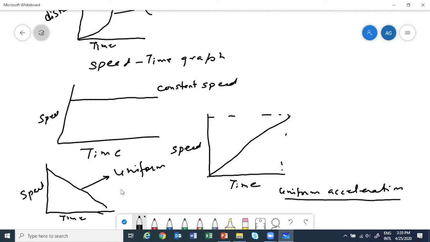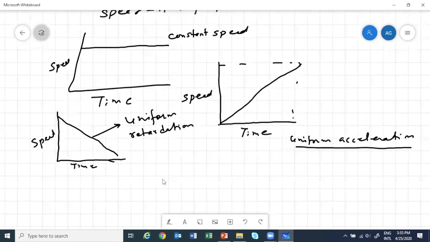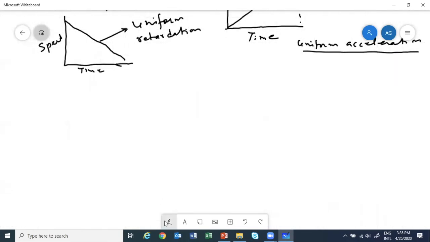What is retardation? Because retardation is negative acceleration, and negative acceleration is retardation, right? Good.